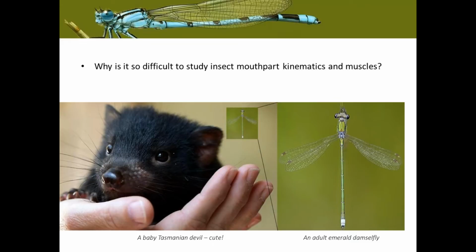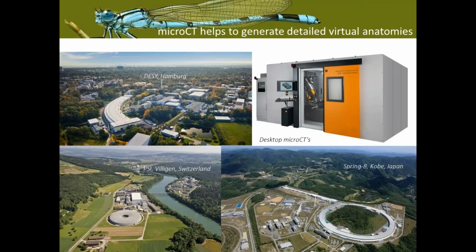So we have to apply methods which give us data from insects with a very high resolution, and this is the reason why we can assess the morphology of insects in a 3-dimensional way in recent years, because we have this microcomputer tomography, abbreviated as micro-CT, and this technique helps to generate very detailed virtual anatomies of insects.